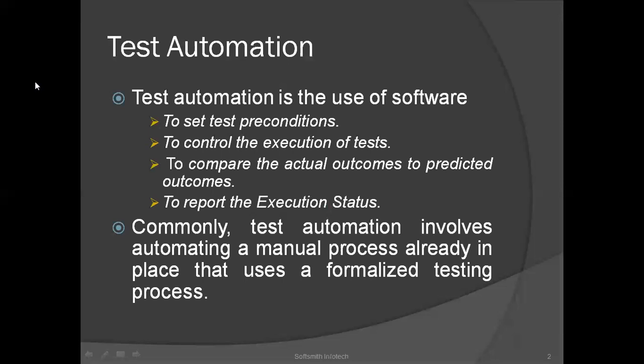But in automation, you have to write the test script for the same scenarios and same steps. You write some code for that, maybe in Java, some write in VB script, some in C sharp. We use different tools as well.